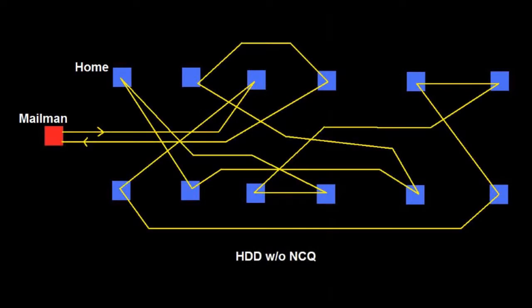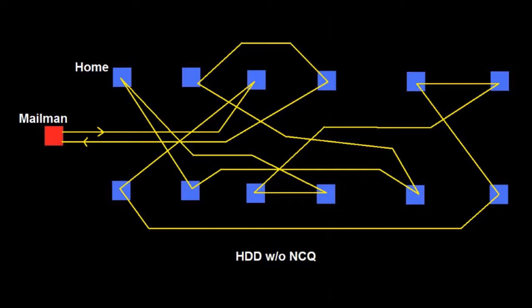And yes, that looks a little tiring if you had to walk those distances. This is what it would look like if you picked up a letter blind, looked at the address, and went to that destination without even reordering it. This is something you'd probably end up doing. Well, this is what the hard drive is doing.